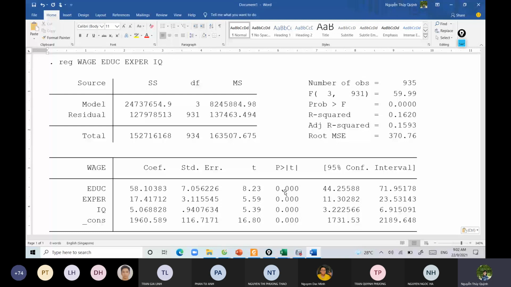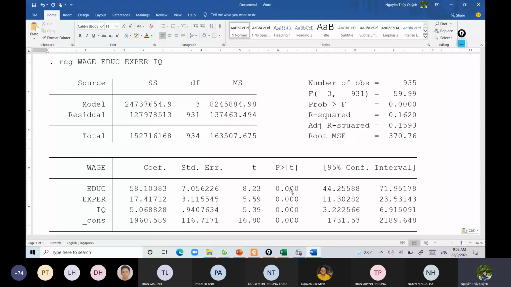You just compare the p-value with the level of significance, and then you will get the answer. That's why in practice, researchers usually use the p-value approach to draw a conclusion about regression coefficients.